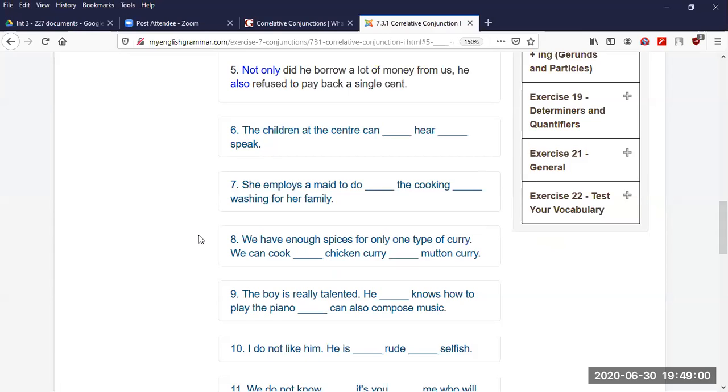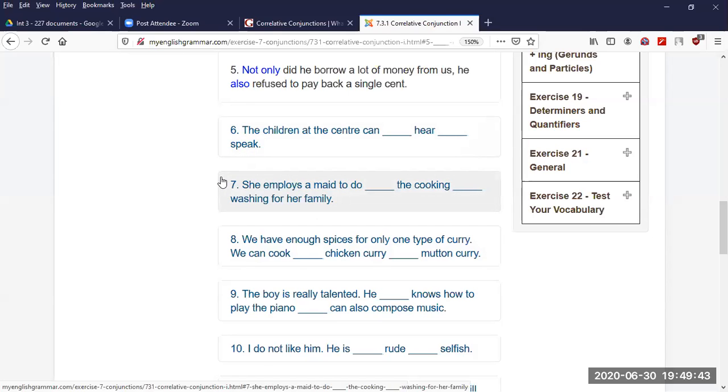And we always need an adjective. Let's go through the choices. We've got either or. If we use either and or, it means they can hear or they can speak. They can't do both. They can do one or the other. So that doesn't make sense.